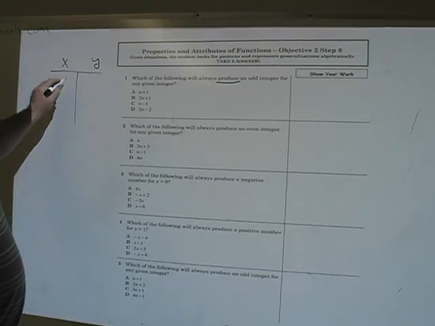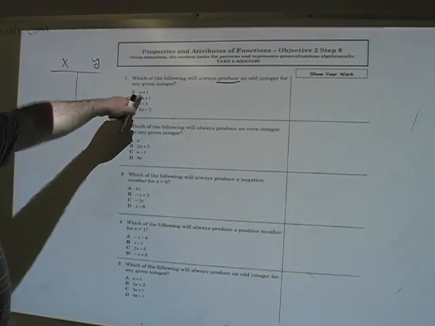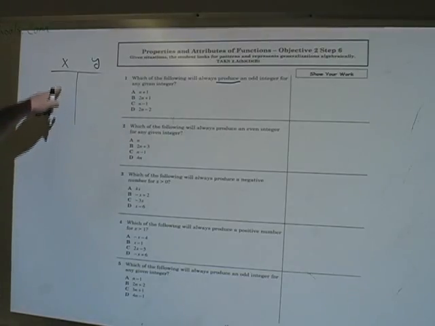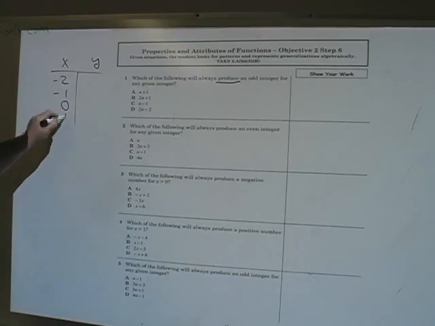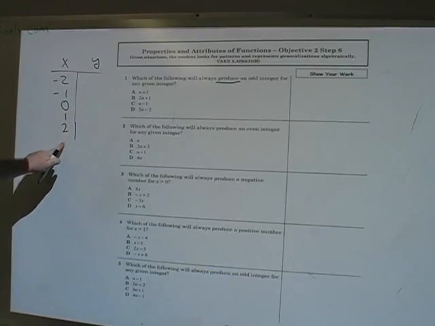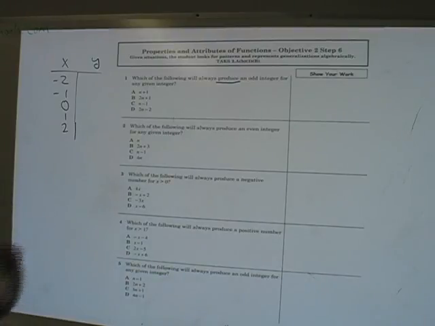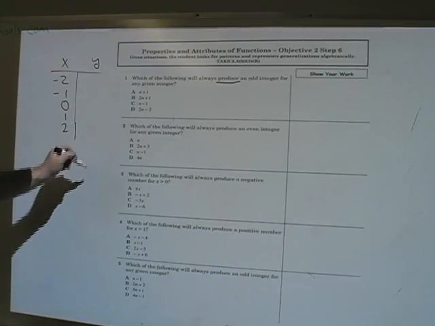Okay? What they're saying is for any given integer that we put in the x value, let's start with -2 and go up to +2. That's usually a pretty good rule. Okay. When you plug that in, you're going to get this value over here.